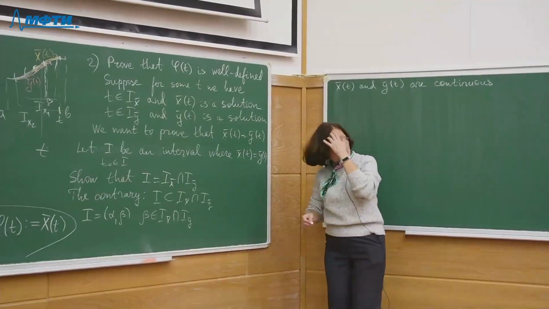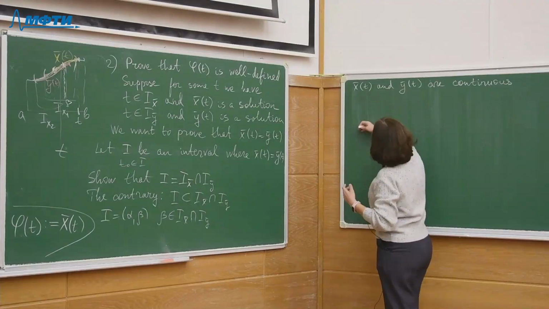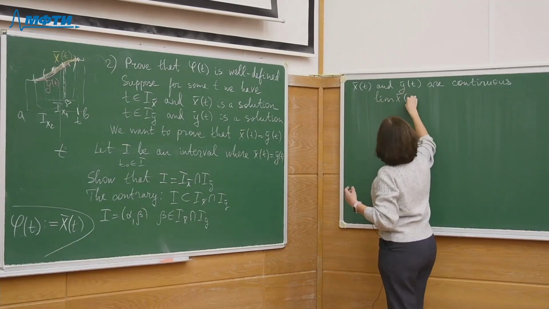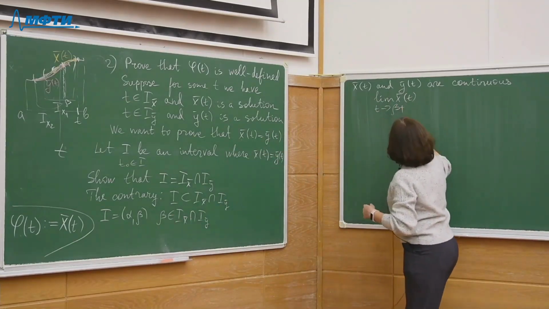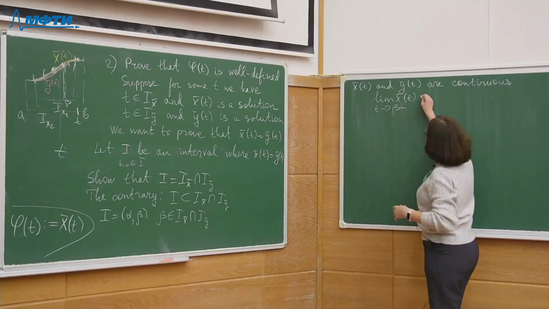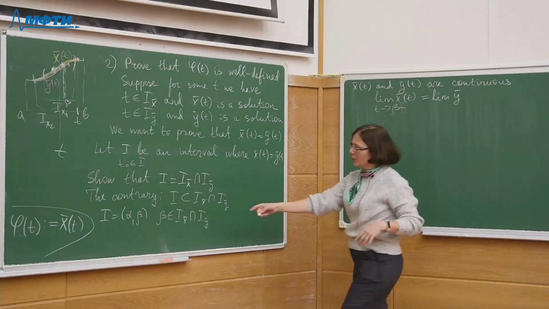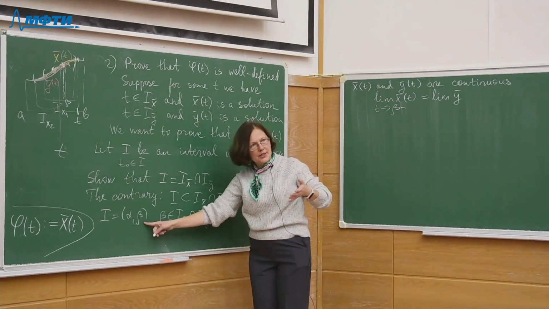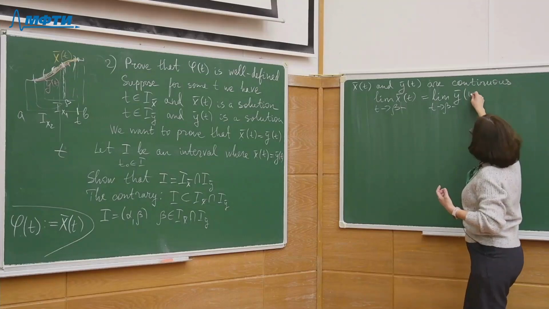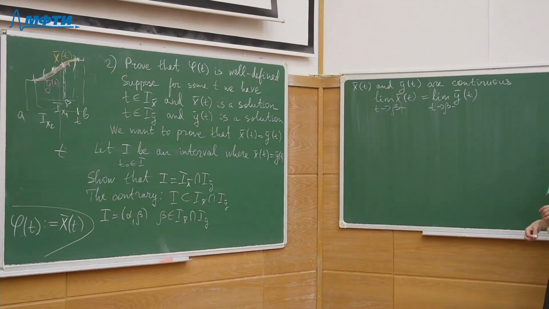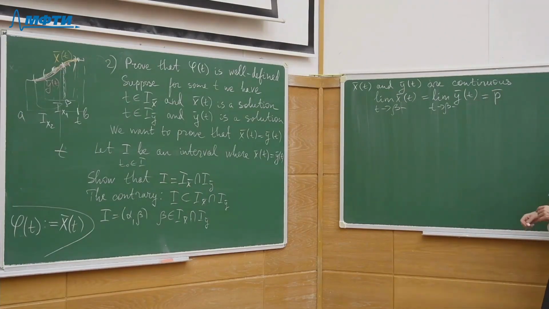And they must be differentiable, so they are continuous. And we may consider the limits of x of t as t approaches the endpoint beta from the left. These two solutions coincide on I, and so we can take the limits as t approaches beta. Call this point P.